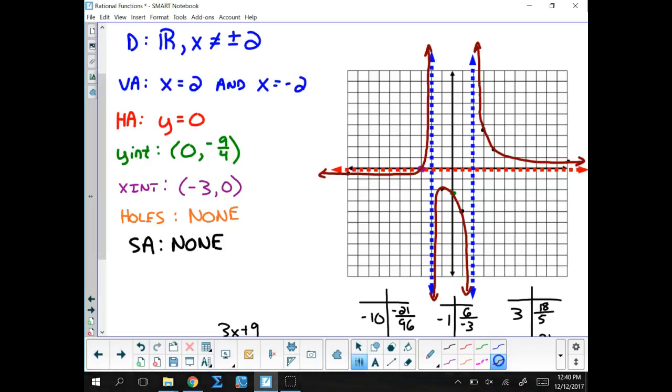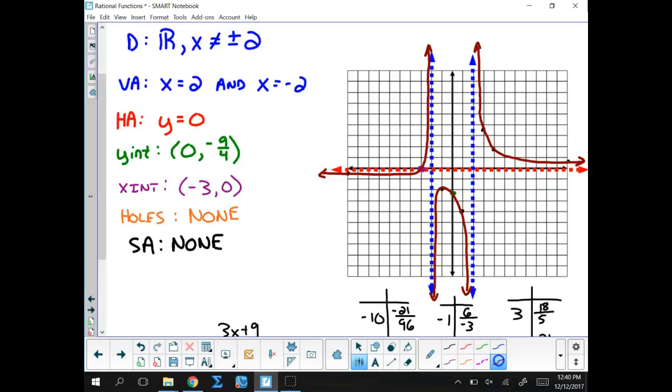Then we could do our end behavior and asymptotic behavior, right? Okay. Want to work left to right? Okay. Let's work left to right.